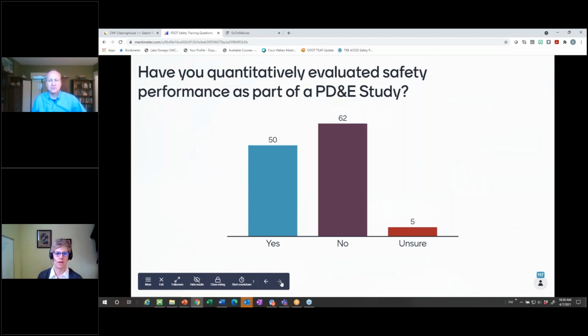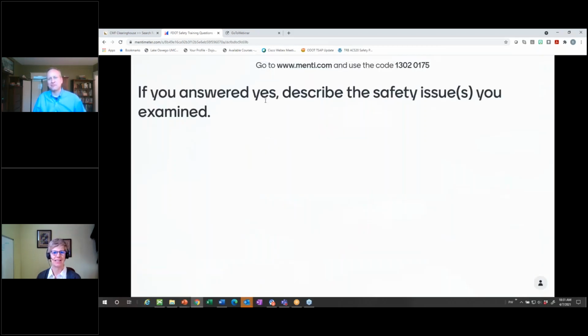Now our next question asks, if you did, what is it that you evaluated? But I'm sort of wondering, if you didn't, we should have asked, you feel like you should have. Maybe that's the question for tomorrow. It's open response. Folks can just put in what they would have. So this next question, if you answered yes, describe what you did.